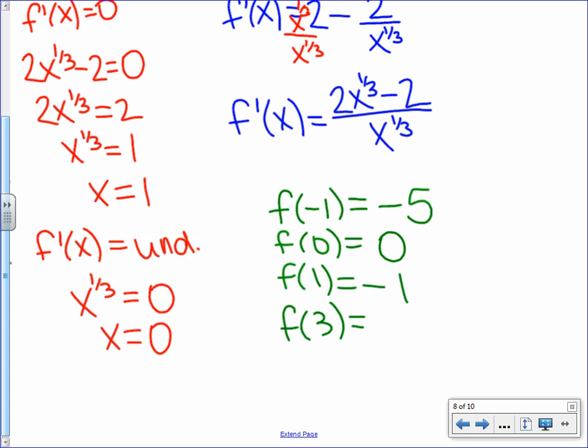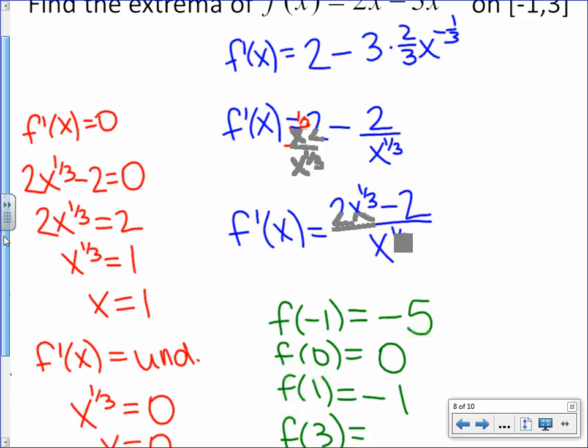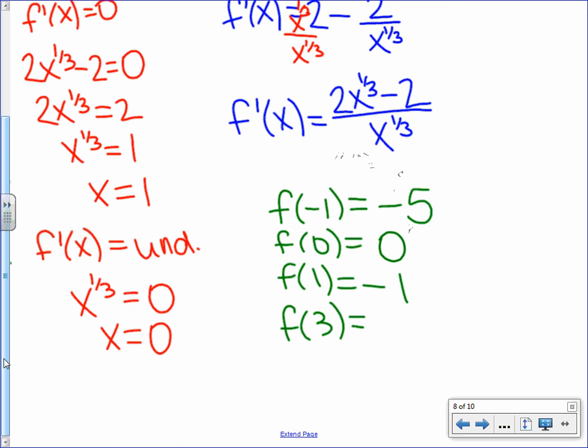And then when we plug in 3, we get 2 times 3, which is 6, minus 3 times 3 to the 2/3, which means the cubed root of 3 squared, so the cubed root of 9.